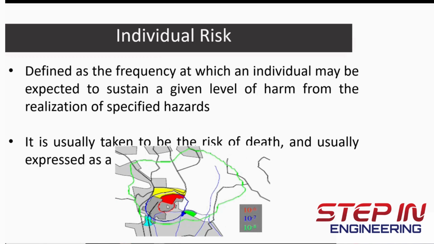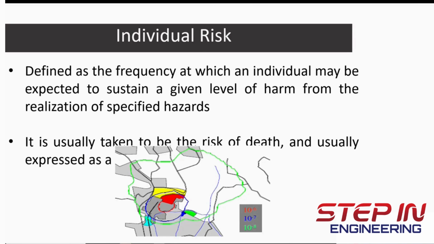If something happens inside this red area, how much impact will there be, and at what distance, in what order is the risk? In the nearer area the risk is very high, which is 10 raised to the power minus 6, in the farther area it is 10 raised to the power minus 7, and the risk still continues until the green area, which is 10 raised to the power minus 8.